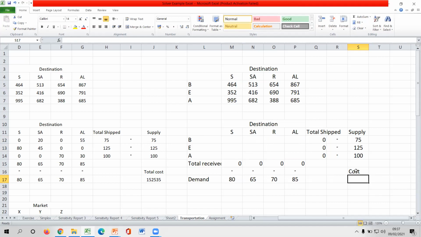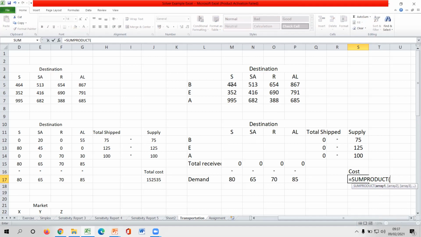Now we need to calculate total transportation cost. How are we going to calculate total transportation cost? We need to multiply the per route cost or per shipment cost with the number of shipments from factory to desired market destination. Then in here we give the command SUMPRODUCT, and you have to double click it. Then you can see this bracket open.